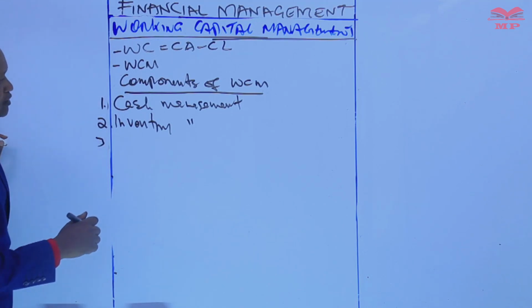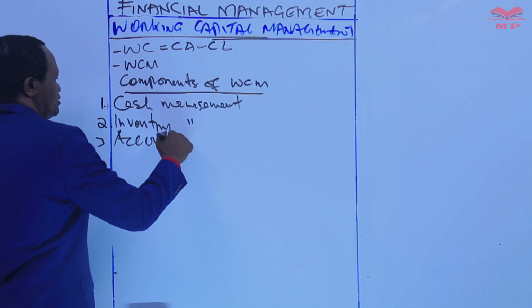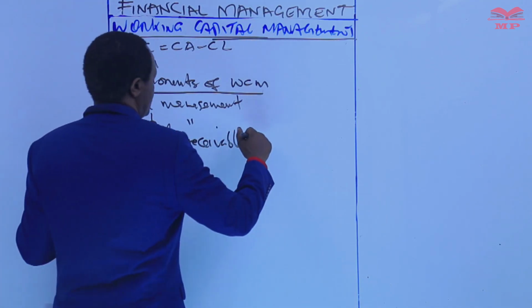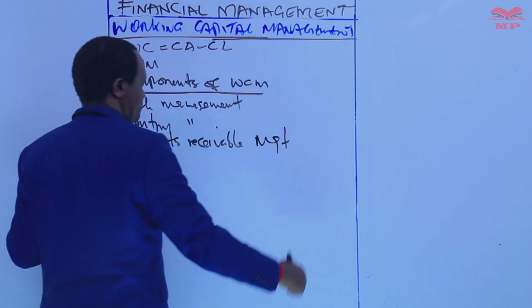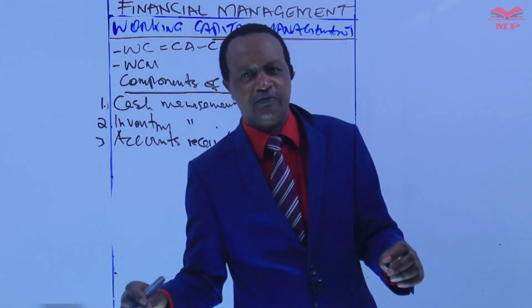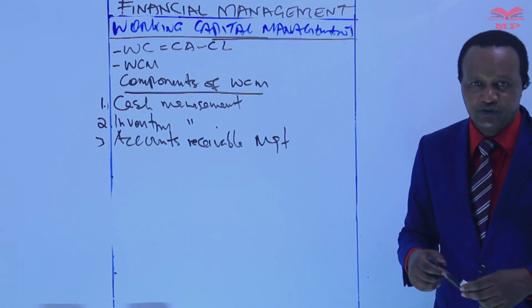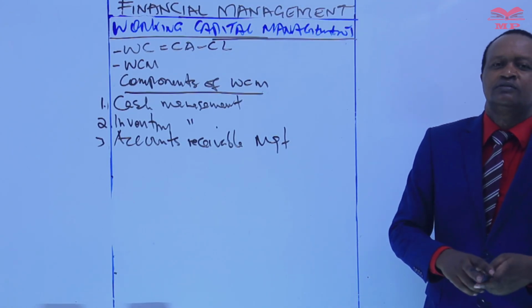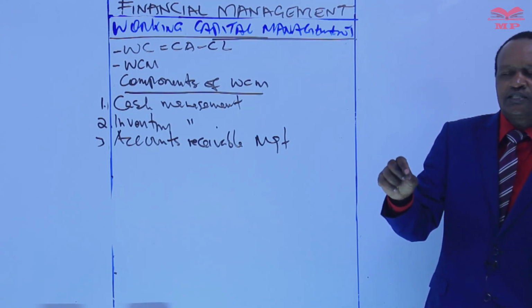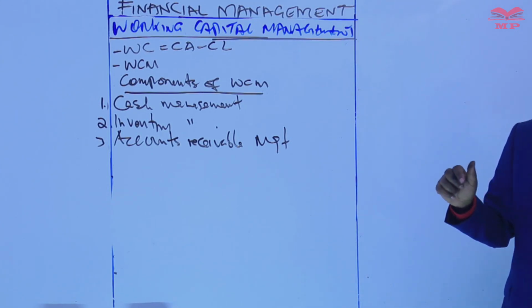Three, accounts receivable management. Management of debtors, management of accounts receivable is a component of working capital management. And that involves managing the company's debtors to ensure that customers pay invoices on time.